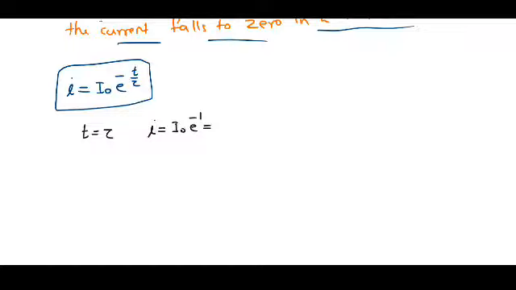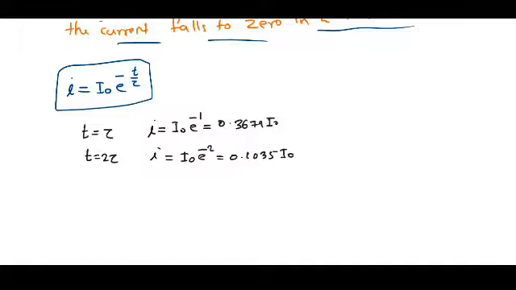This value we have just seen, 0.3679 I0. When time t is equal to 2 tau, this will become I0 into e power minus 2, that is 0.1035 I0.